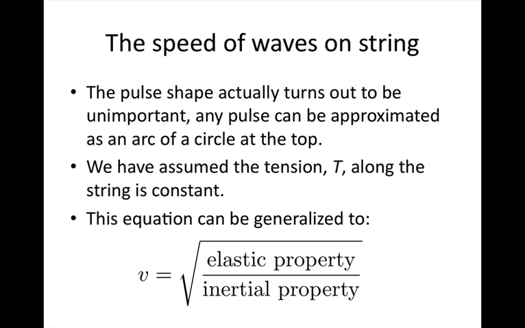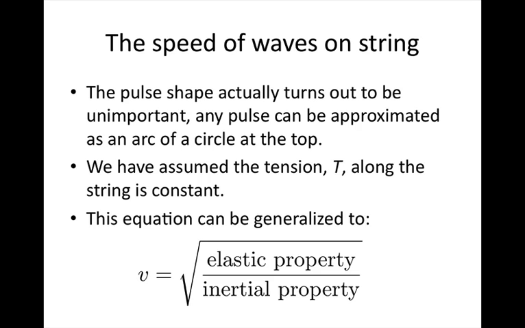Now we also assume that the tension T along the string was constant, so that this pulse travelling along the string was not affecting the tension. That's only true if the pulse is fairly small. If the pulse is very large, then it's going to cause the string to stretch, and that's going to add some extra tension. We'll see later that this equation can actually be generalized.